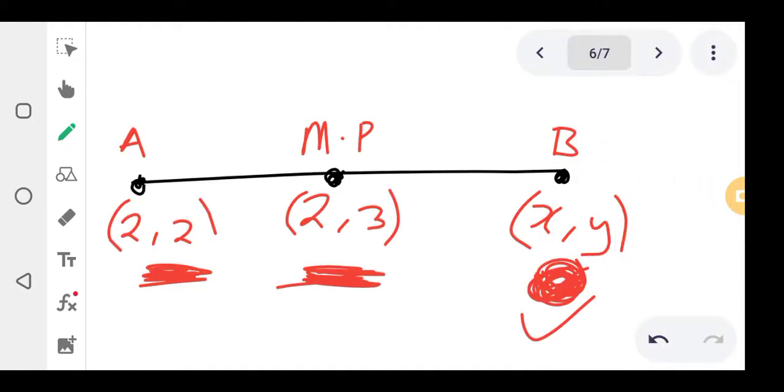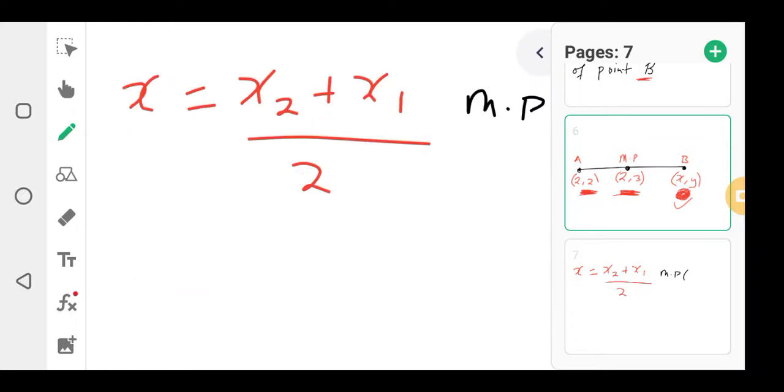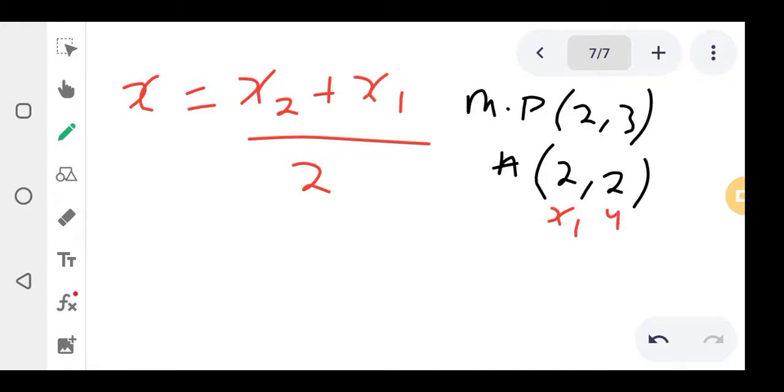The midpoint is (2,3), and point A is (2,2). That's the information. Now I'm supposed to plug these into this formula. We label this x1, y1, point A.